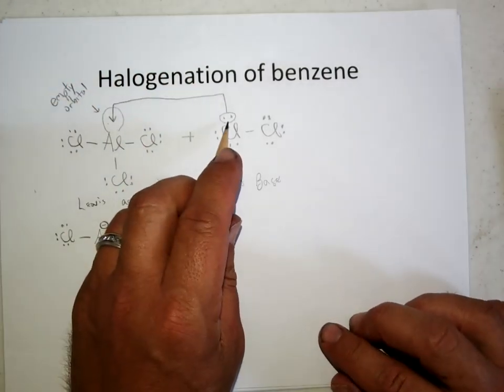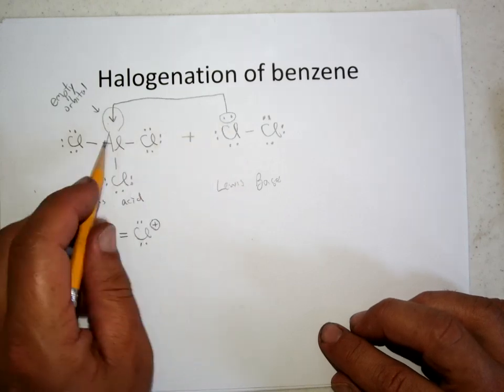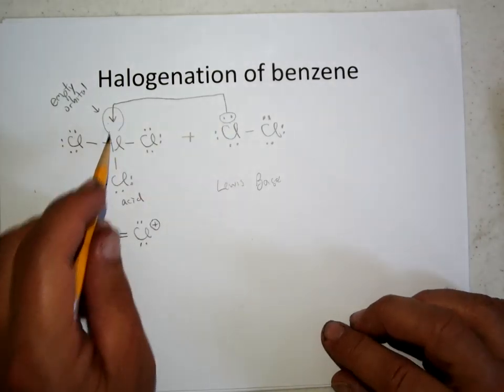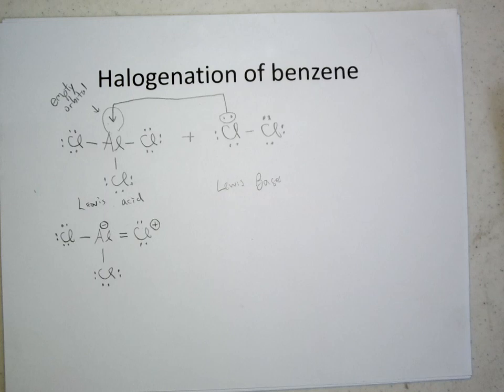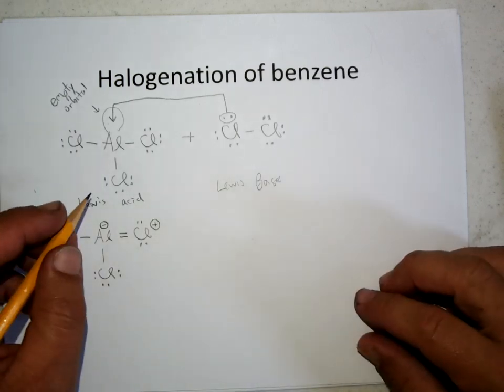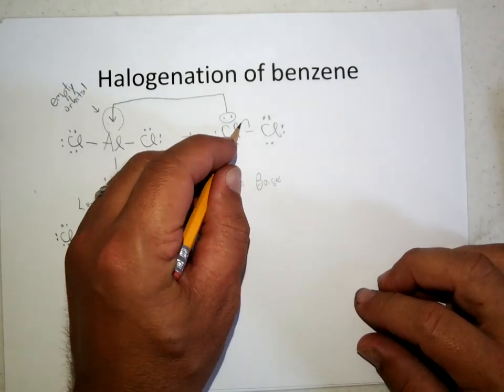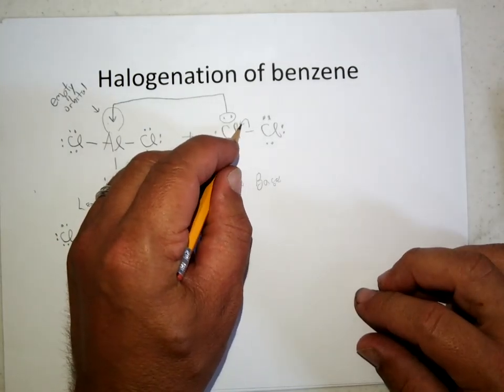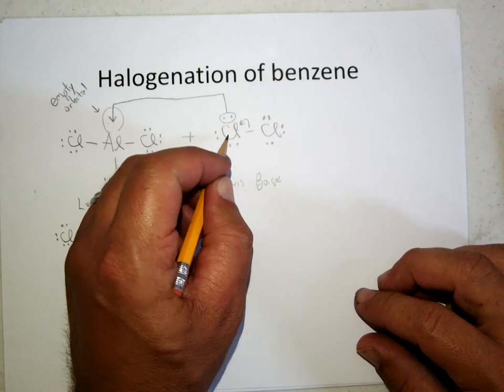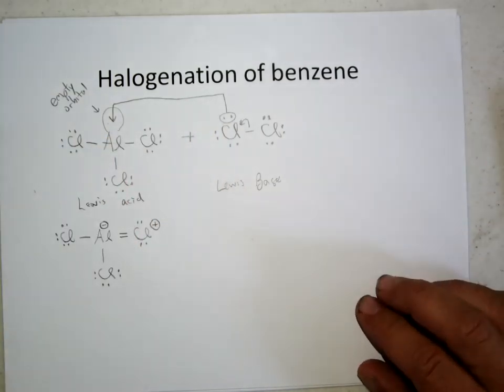The non-bonding pair of electrons on the chlorine will become a bonding pair of electrons and make another chlorine attached to the aluminum. And a really important thing in this mechanism is that the bonding pair of electrons in the chlorine molecule will go with the chlorine that's being taken by the aluminum.